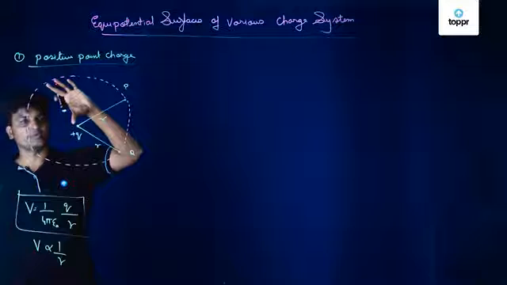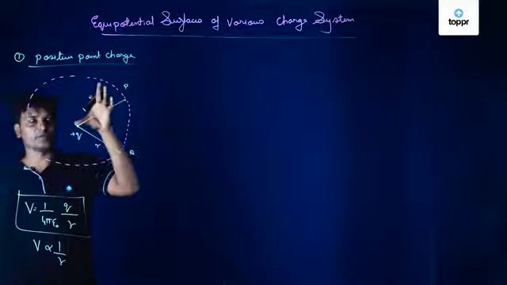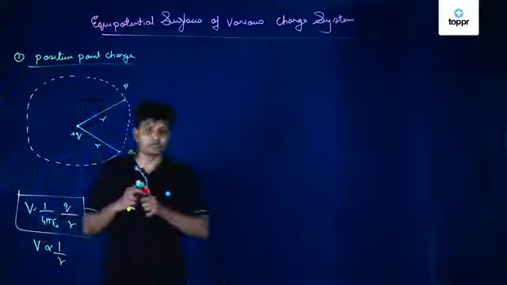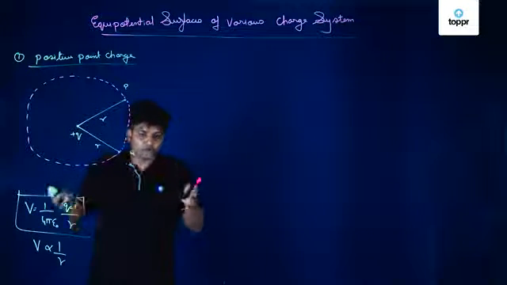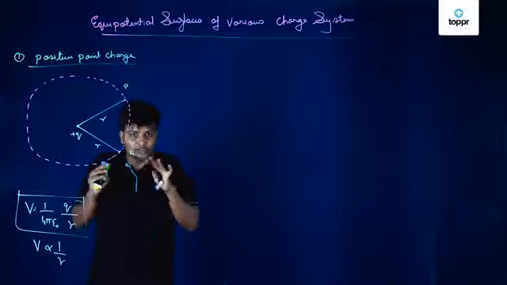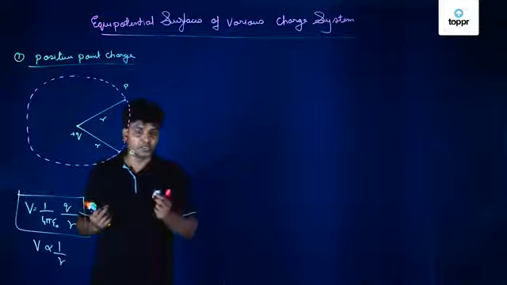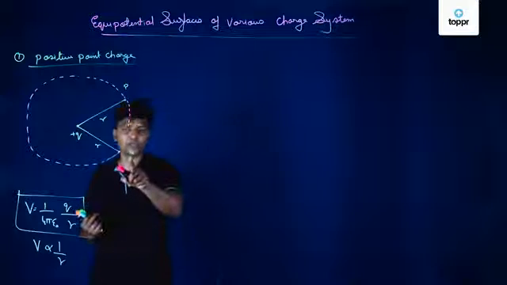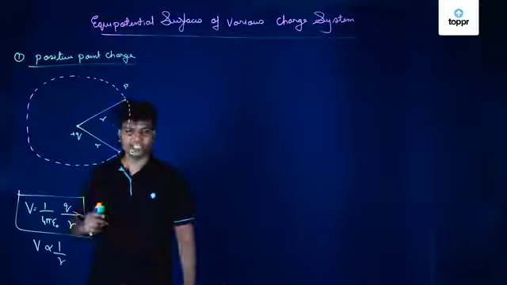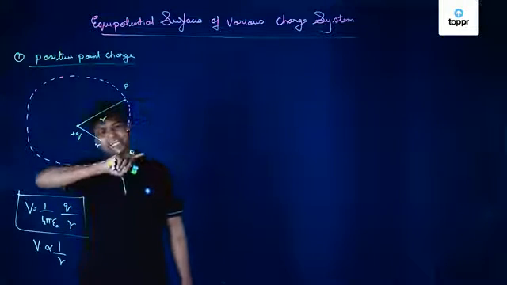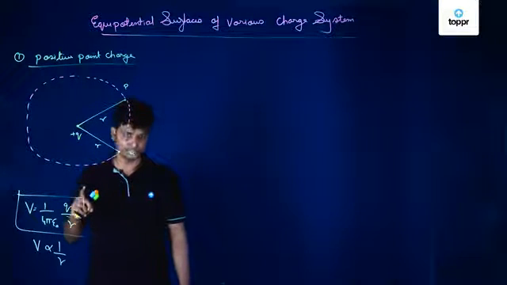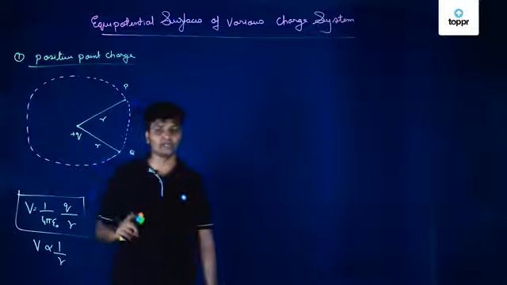At this point too. So we get a sphere on the surface of which the potential remains the same. Potential at point Q will be equal to potential at point P, and it will be the same at every point on the surface.